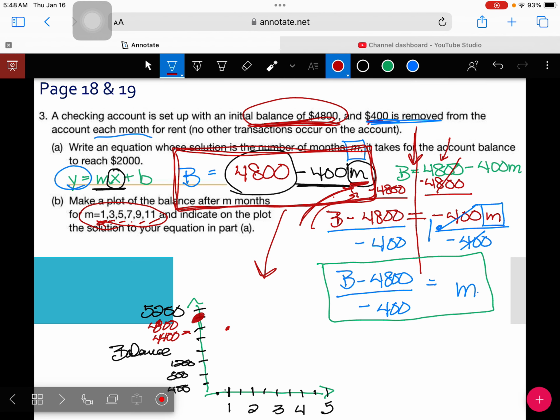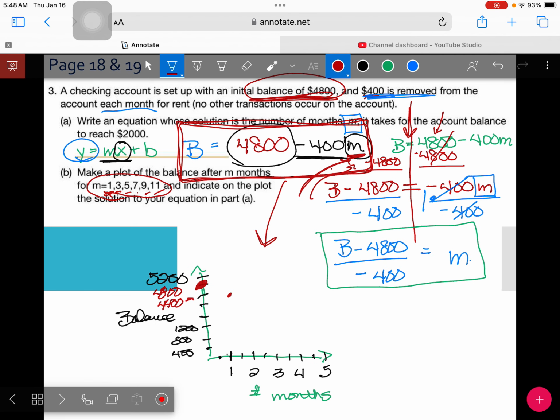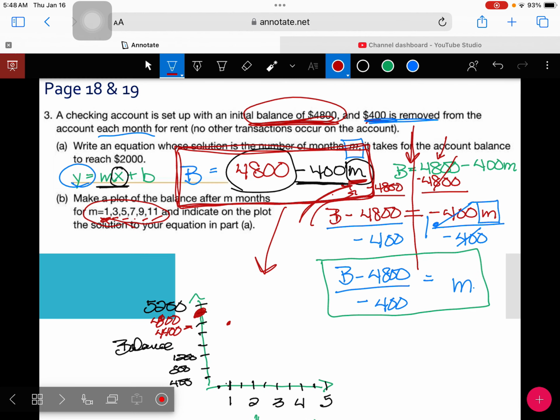So it says, what is your balance going to be at the end? Where is that? Oh, yeah. The account balance to reach 2,000. Okay?